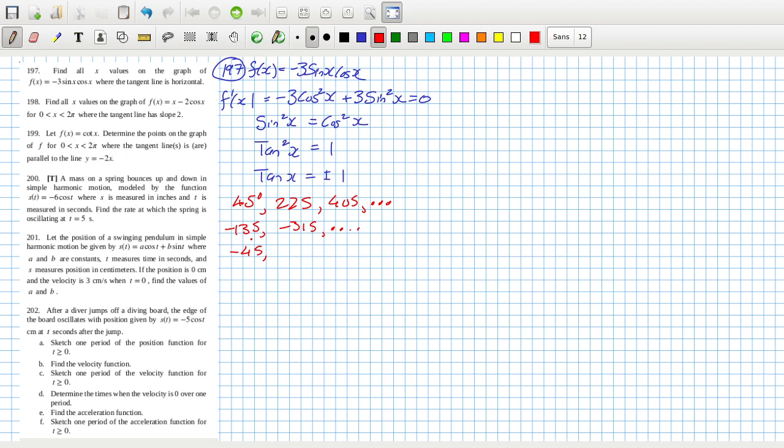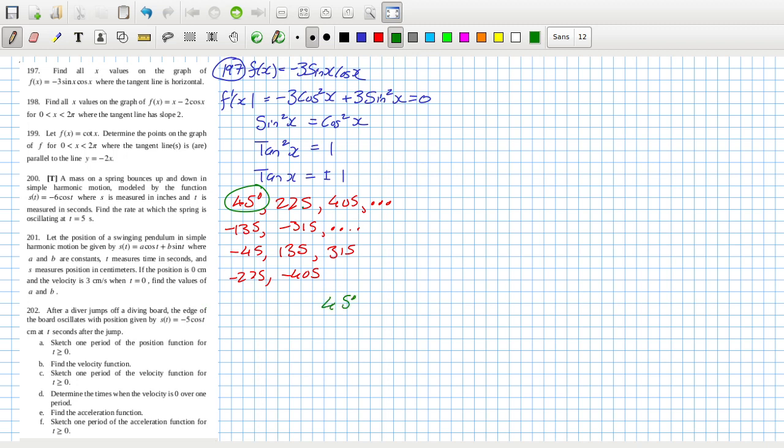Minus 45 plus 180 is 135. Then plus 180 again is 315. And then you could have minus 45 going backwards. Minus 225. Minus 405.